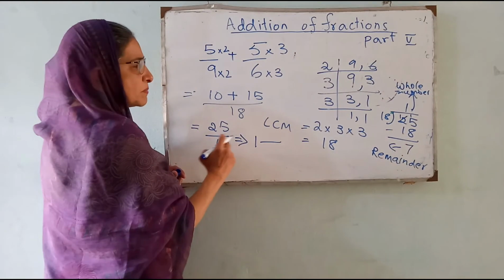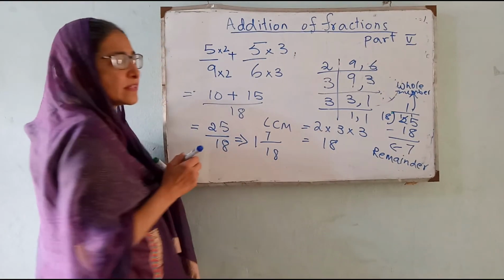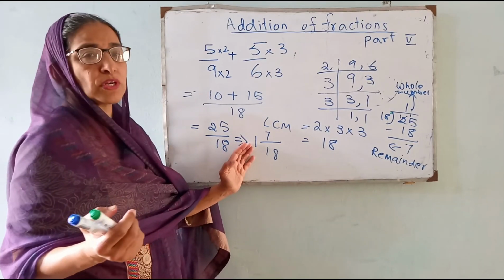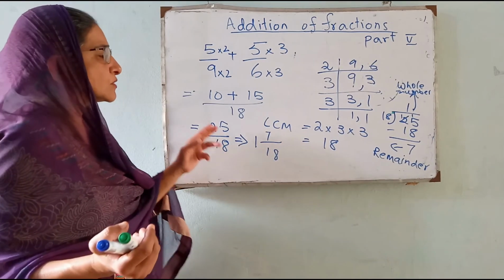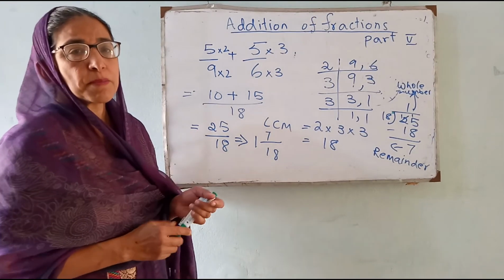So my answer will be 1 whole and 7 over 18. This is called mixed number. Why? Because it's a mixture of a whole number and a fraction. So whenever you have an improper fraction, you have to convert it into a mixed number.